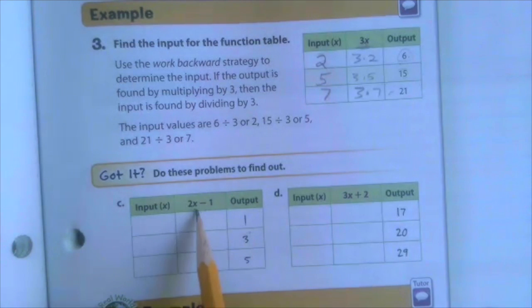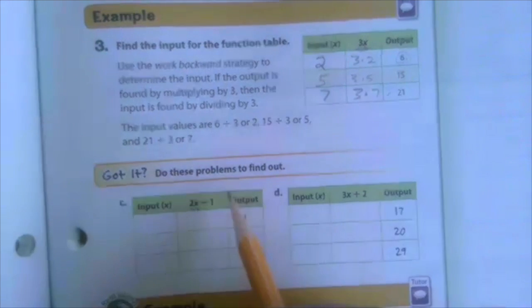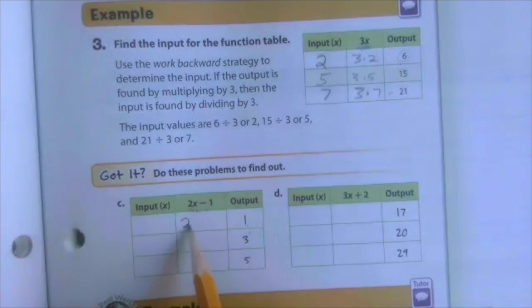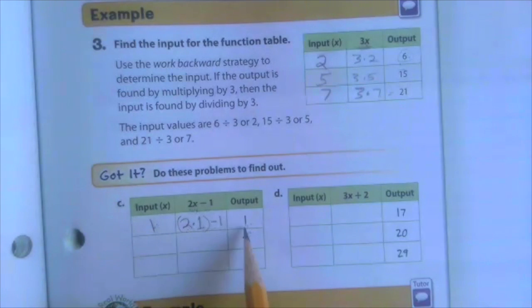That means 2 times some number minus 1 is going to equal 1. Maybe you can do that in your head. Maybe you say, all right, 2 times 1 is 2, minus 1 is 1. So then the input would be 1.